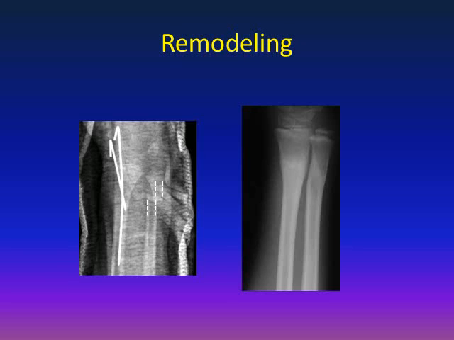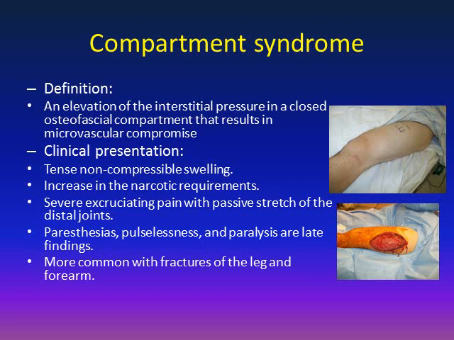The ulna was not operated upon, and a few months later you can see the difference between the X-ray of the ulna and the healing and remodeling that happened later on. Here you can see the displacement of the fracture, and here you can see how smooth the ulna is getting by the remodeling process.